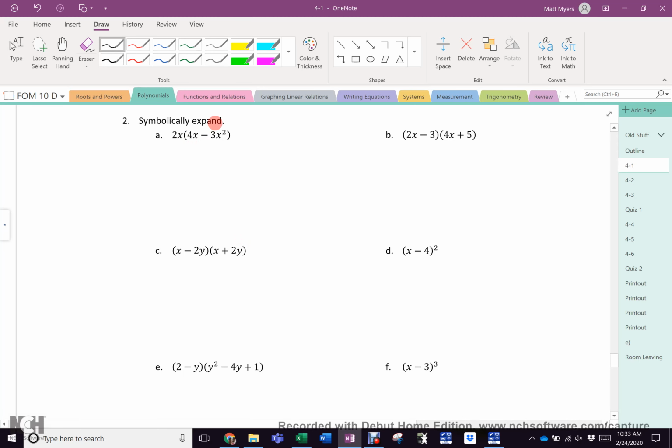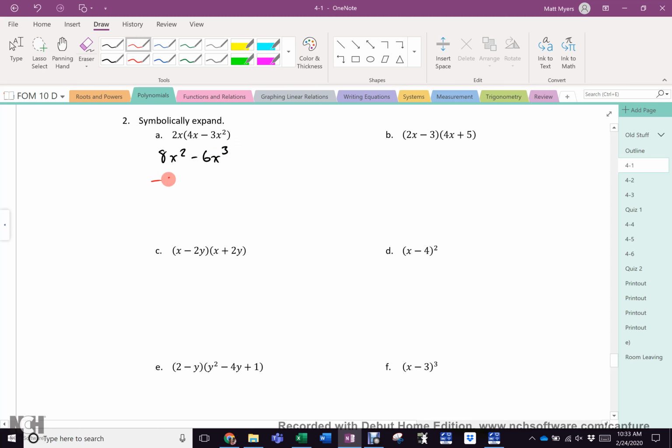So this first one is, of course, 8x squared minus 6x cubed. If you write it that way, that's fine. Let me warn you, though, remembering the thing I spent 1 second on Friday, we like to put the biggest exponent first, yeah?